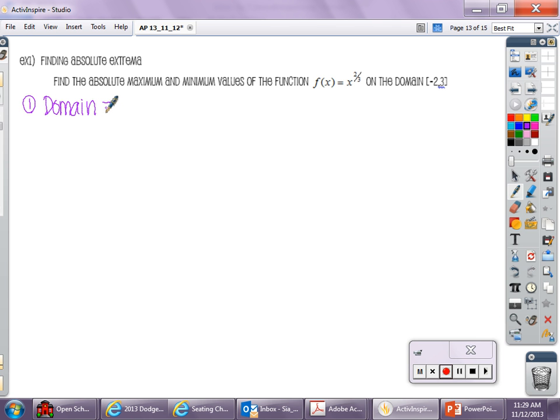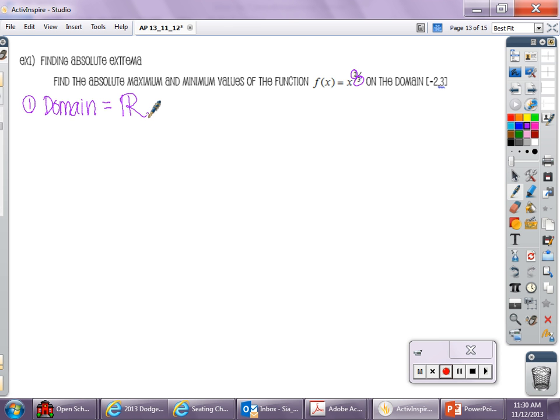So I have an even power. Can I square any number? That's what this is. Can I square anything? Yes. Can I cube root anything? Meaning, can I take the cube root of negative 8? Is there a number multiplied by itself 3 times that gives you negative 8? Yes. What is that number? Negative 2. Odd roots are okay.